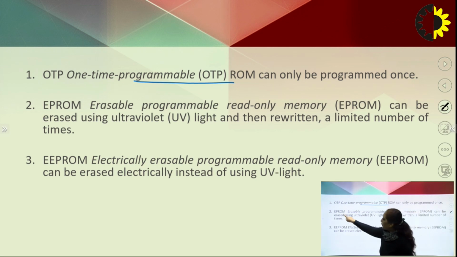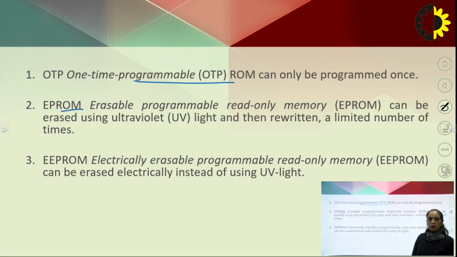Next we have EPROM. EPROM stands for erasable programmable read-only memory. In case of erasable programmable read-only memory, the data which is already written in the ROM IC can be erased with the help of light, and generally we use UV light for this purpose.